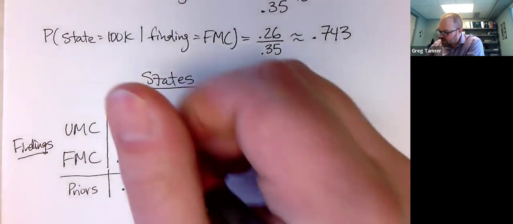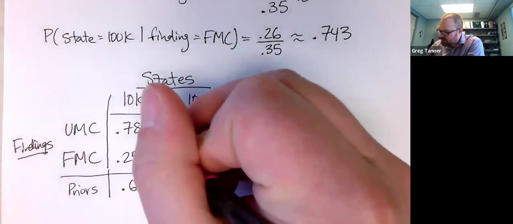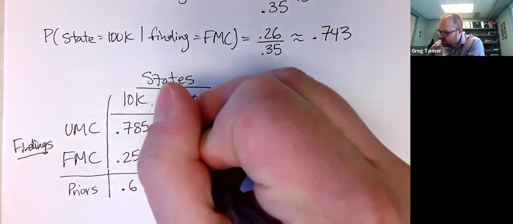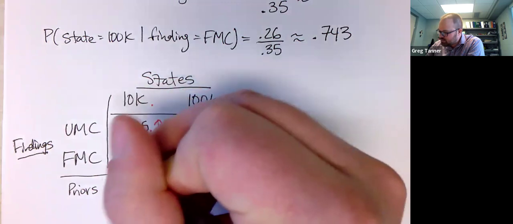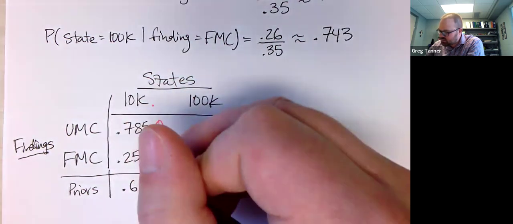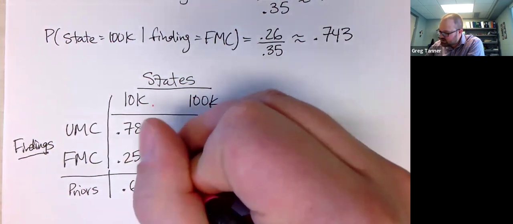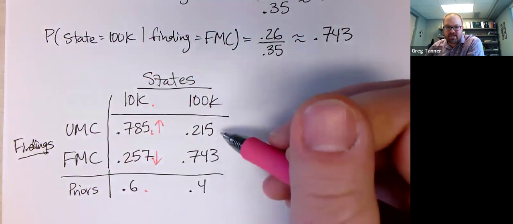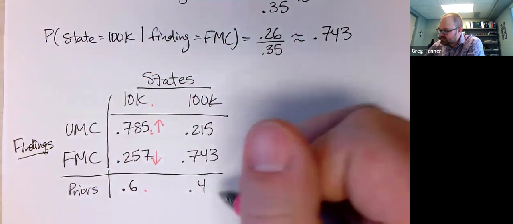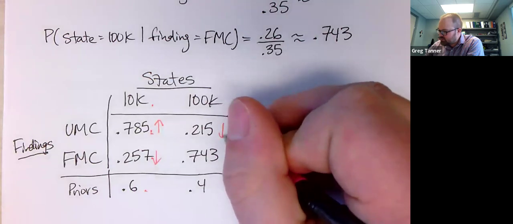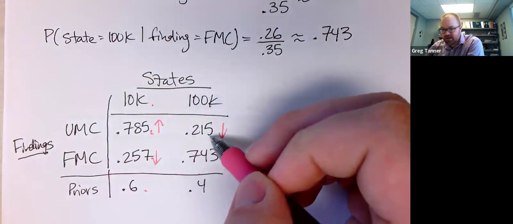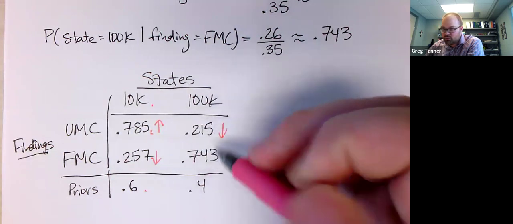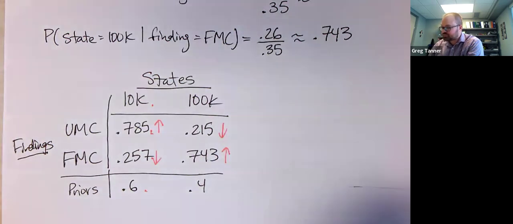And so relative to the prior, the probability of selling 10,000 computers under an unfavorable market condition increases, and the probability of selling 10,000 computers under a favorable market condition decreases. And so essentially, if there's an unfavorable market condition, the probability of selling 100,000 computers goes down. But if there's a favorable market condition, it goes up quite a bit.